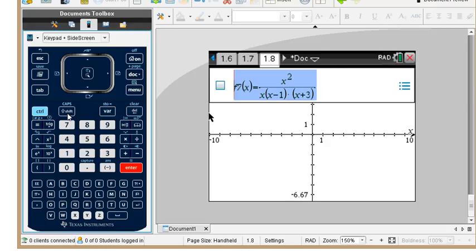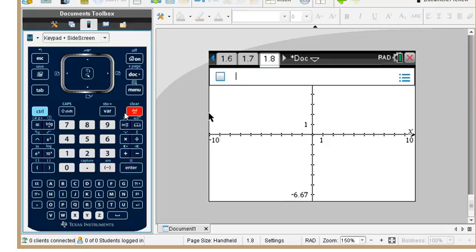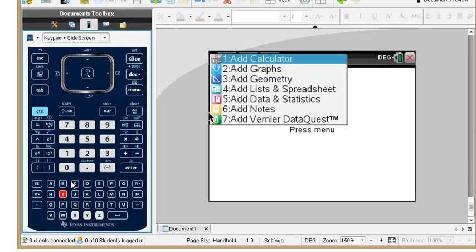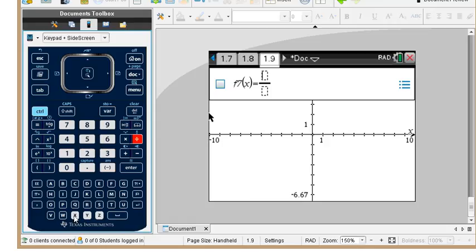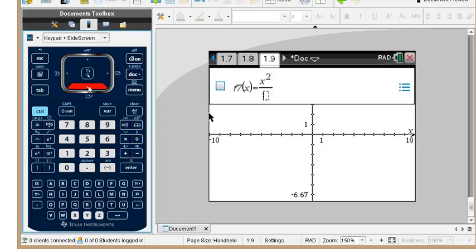And so what I'm going to do here is enter, I'll just go to Control I, get another page, add graph. This time, watch what I do differently. I put x squared as before, but in the denominator, we're going to put x times. It's that times that's important.